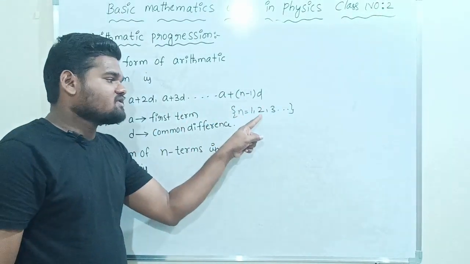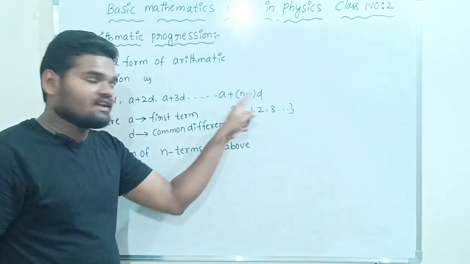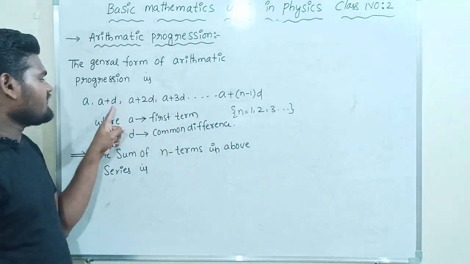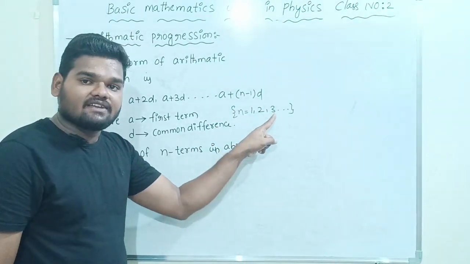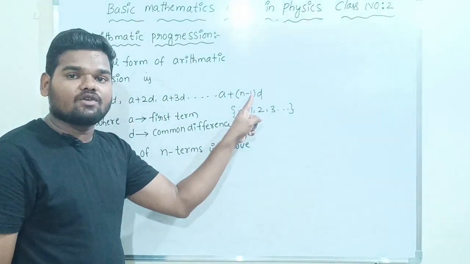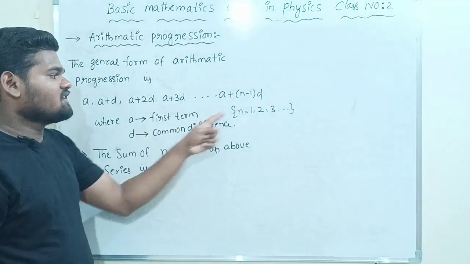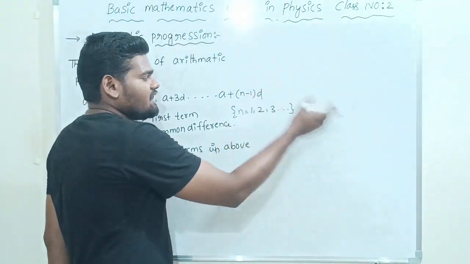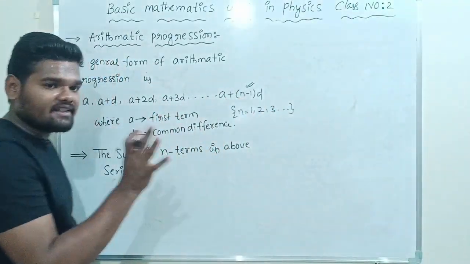At the place of n, if you substitute 2, 2 minus 1, 1 into d, a plus d, you will get a plus d. At the place of n, if you substitute 3, 3 minus 1, 2 into d, 2d, a plus 2d. This is the third term. So likewise, if you substitute the n numbers, you will get the nth term. Is it clear? So this is called the nth term.